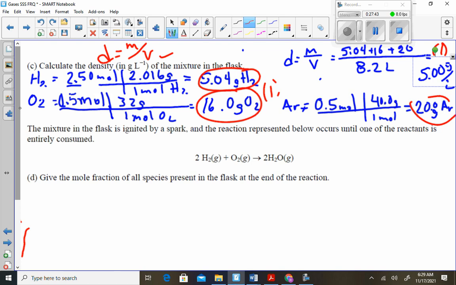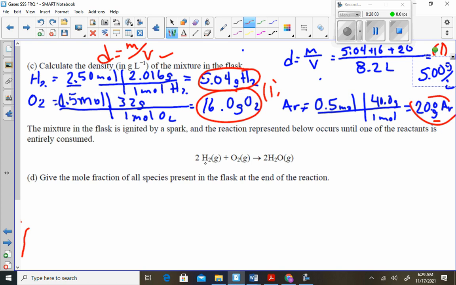So if we want to know what's in the flask, we could have all of these, right? Except we know that one of them is going to be our limiting reactant, one of them is going to be our excess reactant, and one of these, argon, is not going to react at all.